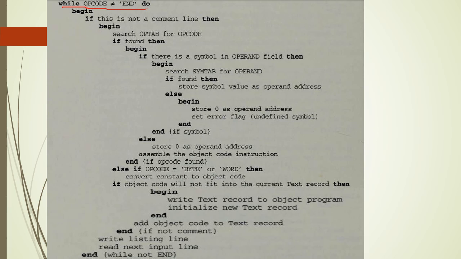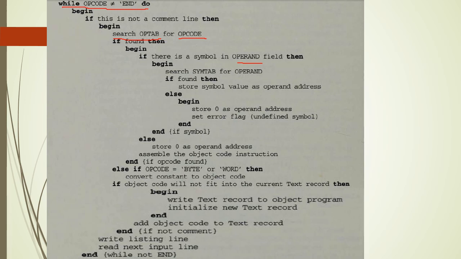If it is not a comment line, then it will search the opcode table for the operation code. If that opcode table has the opcode, then check if there is any symbol in the operand field, because to generate the object code you need an address of an operand. So if opcode is present, then you have to search the operand field.